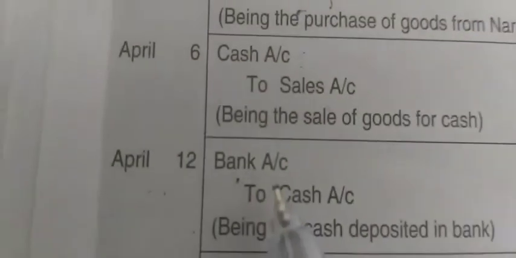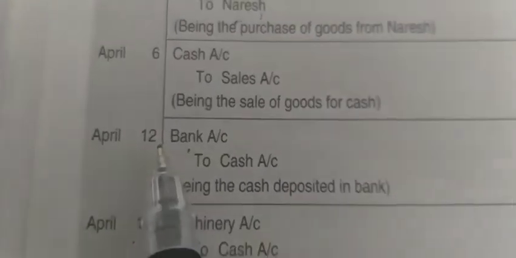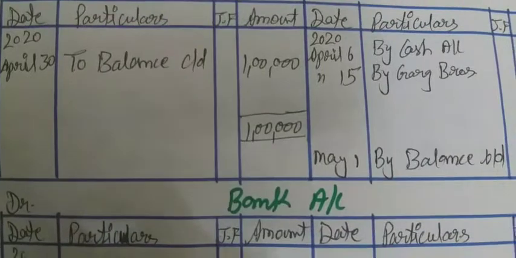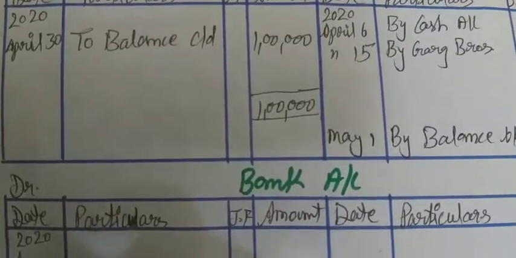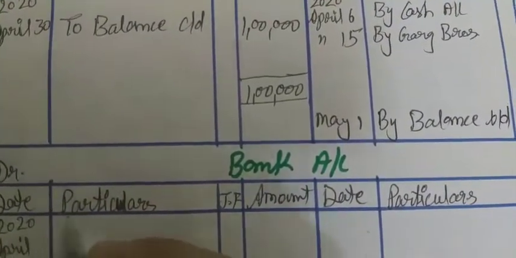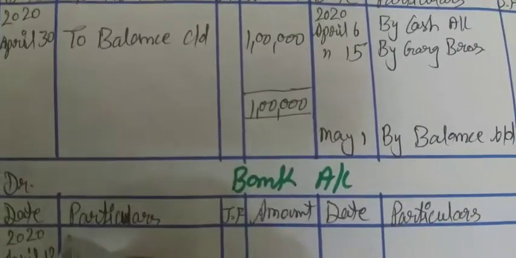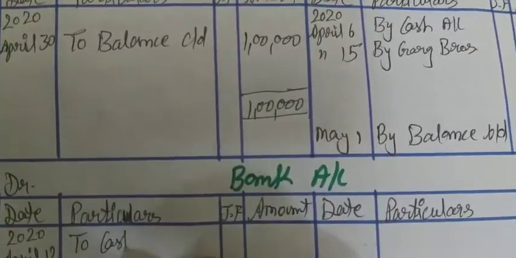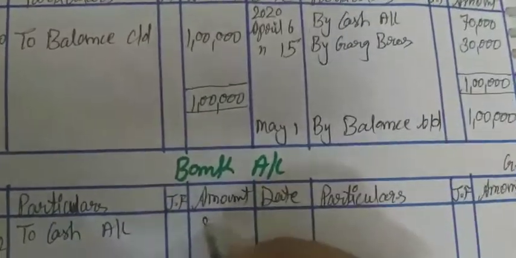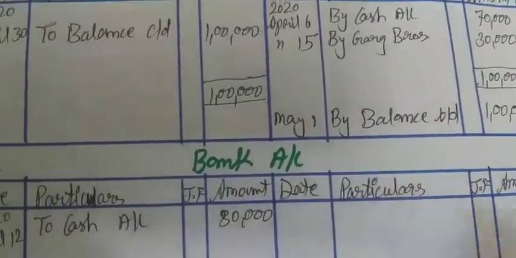According to the transaction, the bank account is debited on April 12 with the amount rupees 80,000 and cash account, 2020, April 12, to cash account, amount is 80,000.